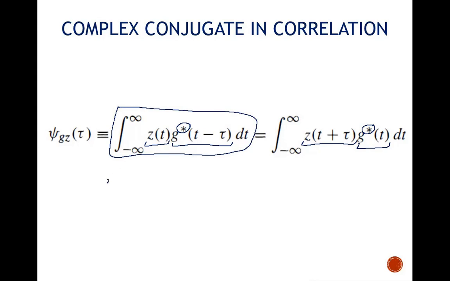Let's say we have z(t), a complex number, and it can be written as A plus jB. Similarly, let's say we have g(t) as C plus jD.